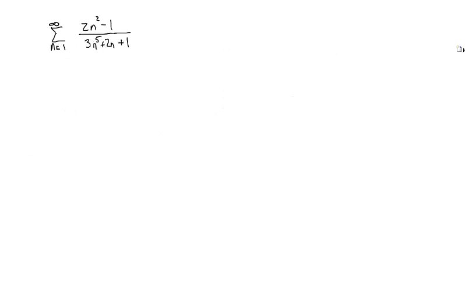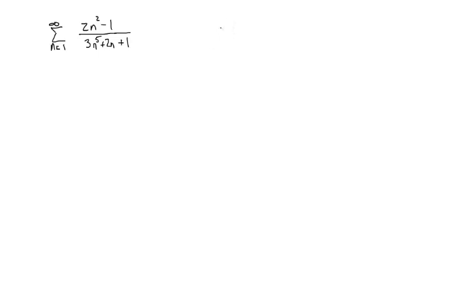In this last example I have the series from n is equal to 1 to infinity of 2n squared minus 1 all divided by 3n to the 5th plus 2n plus 1. And in this example, we're going to use the limit comparison test. And the limit comparison is going to be a little bit easier to use because we're going to make changes to the numerator and the denominator, and it would be harder to tell if you're making b sub n greater or less than a sub n.